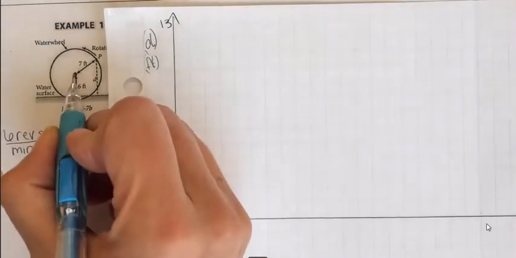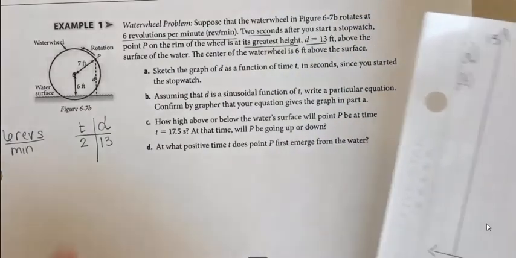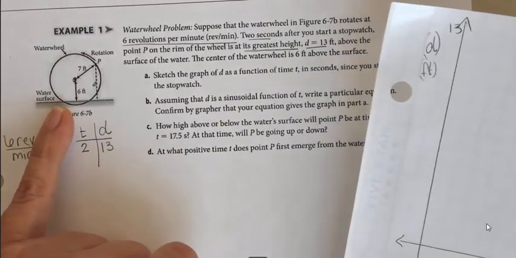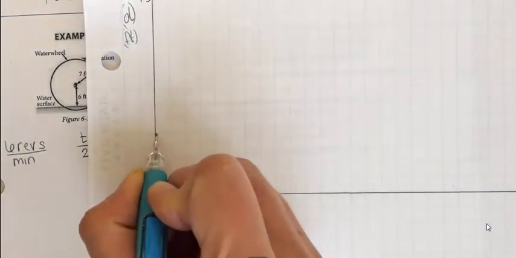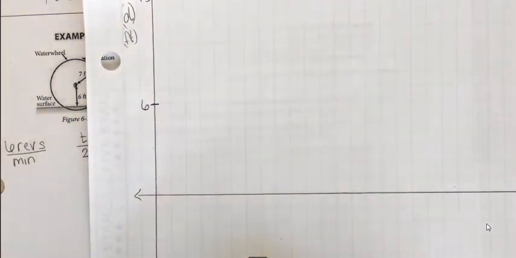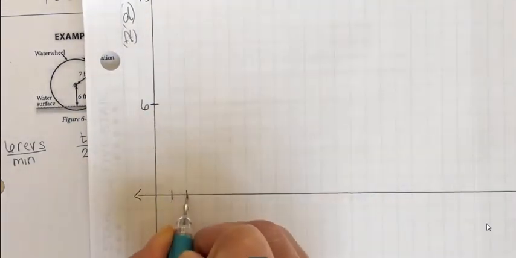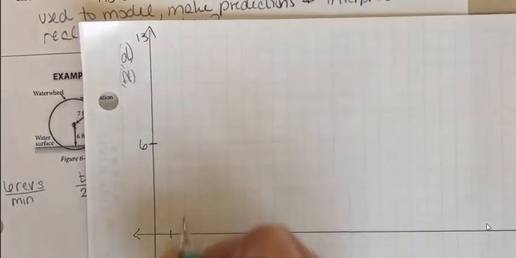All right, so the center of my wheel is at 6 feet, right? From the ground. So that tells me that my midline is going to be at 6 feet. And then I know that at time 2 seconds, I'm at my highest point, which is 13 feet.